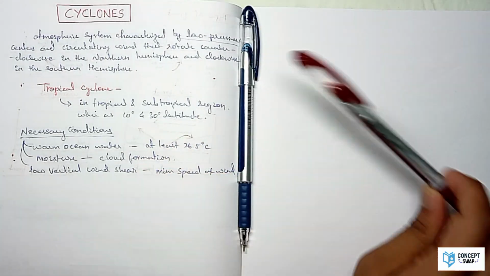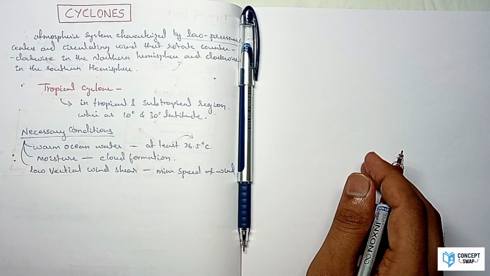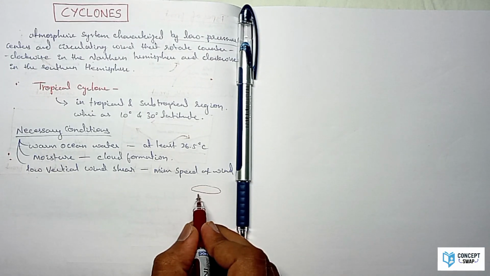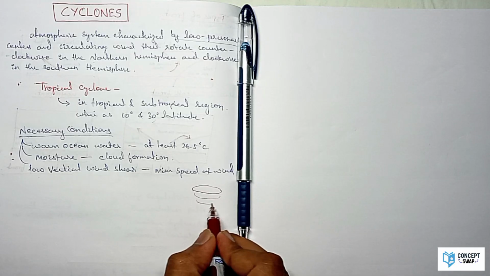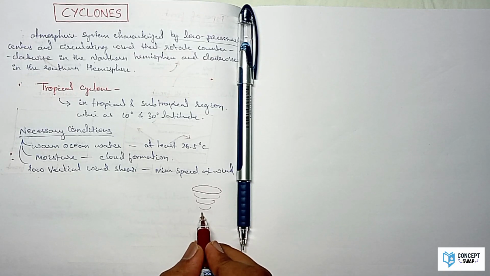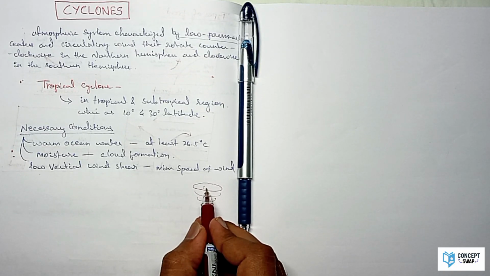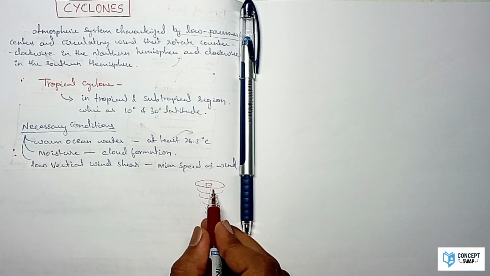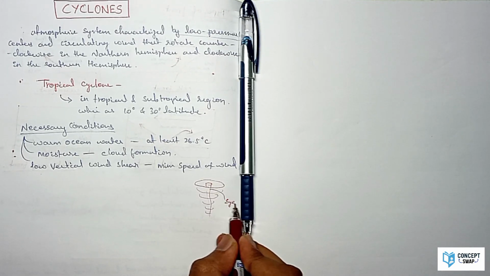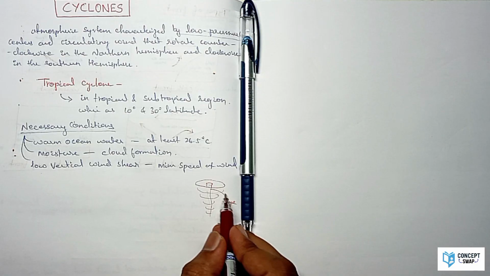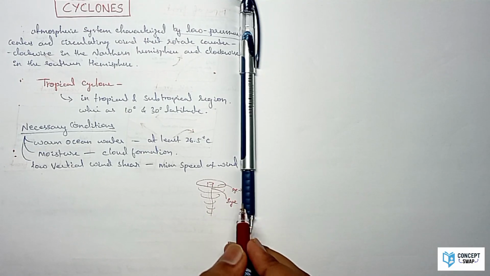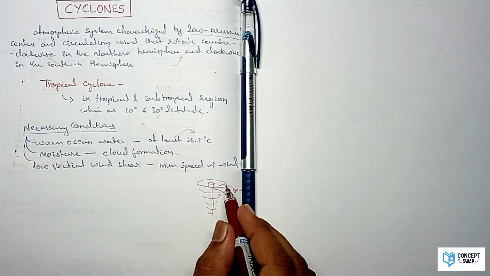First I will draw a cyclone for you. Consider this is the cyclone. The hole-like structure at the center is called the eye, and this wall is the eye wall. That's it. This is the cyclone.